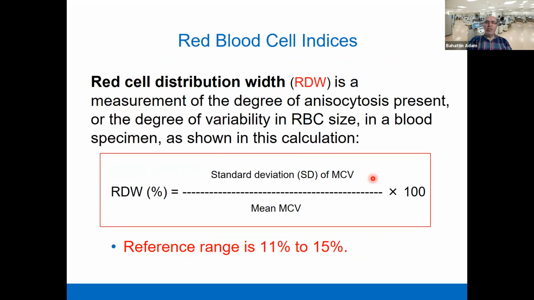The red cell distribution width is a measurement of the degree of anisocytosis. What that means, I'm going to explain in just a few minutes. And you see the equation for that. It also has meanings when it is changed.